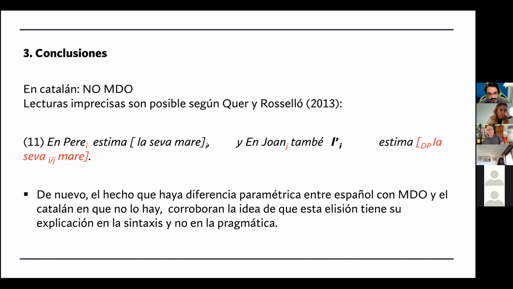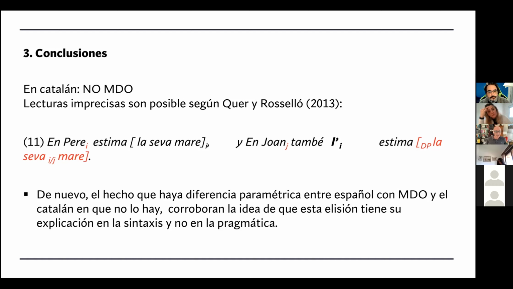Y otro dato interesante que hay que tener en cuenta a la hora de concluir algo sobre estos datos experimentales es que precisamente el artículo que fue de muestra para empezar este experimento, que es el de Kerr y Rosselló, utiliza los datos del catalán.